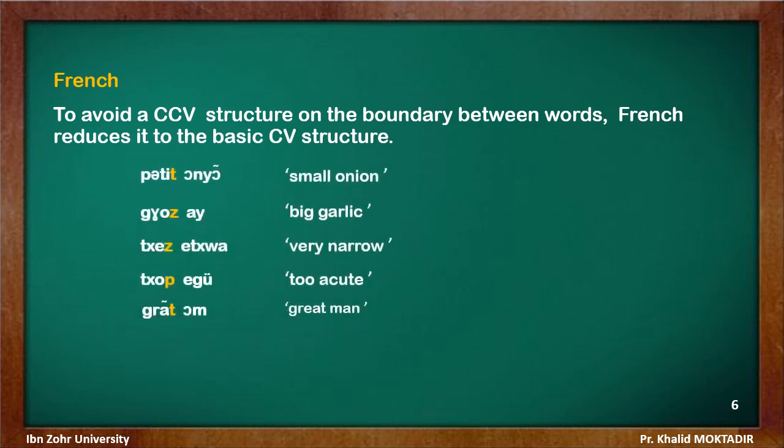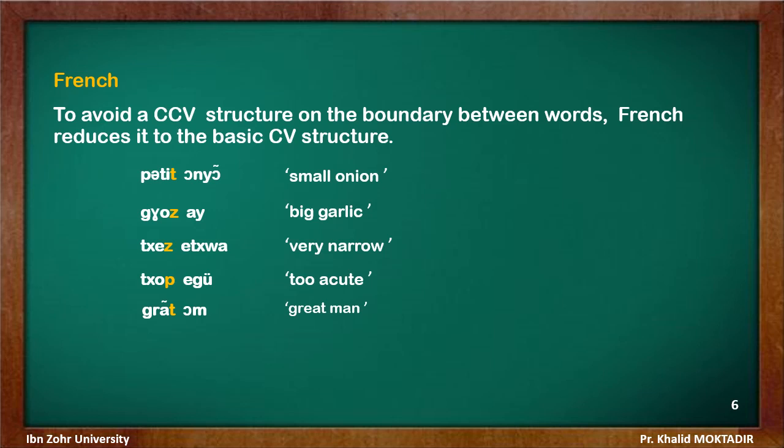Look at the examples. Here, we have a pair of words where the first word ends in a consonant and the next word begins with a vowel. So if we look at the CV structure of the words, we have the CV pattern in the word boundaries.